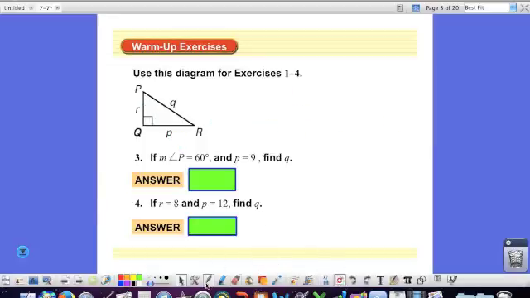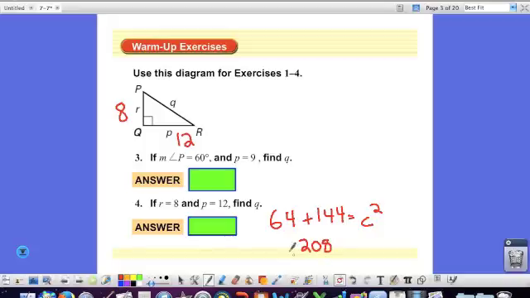And for the last one, if R is equal to 8 and P is equal to 12, find Q. For that, we can use the Pythagorean theorem. So 8 squared, 64, plus 144 equals c squared. 64 plus 144 is 208.